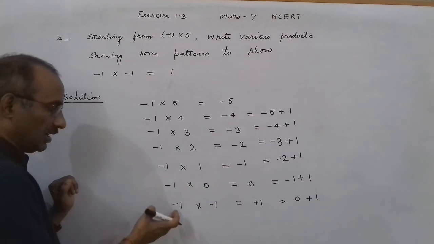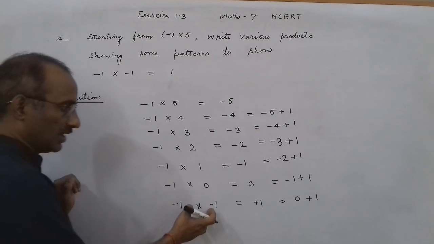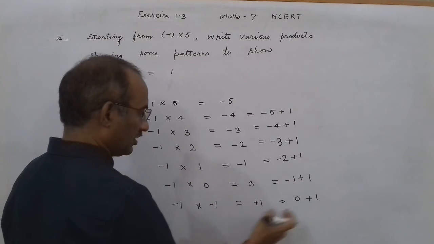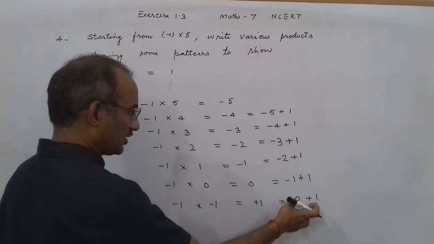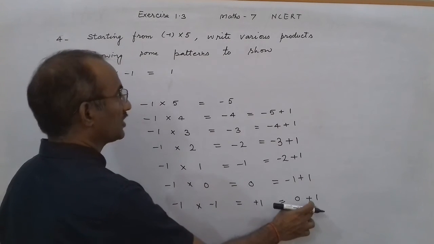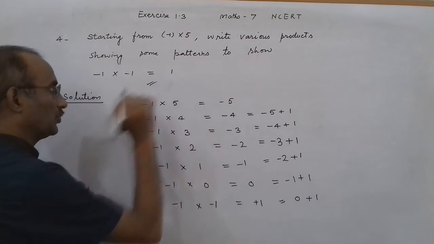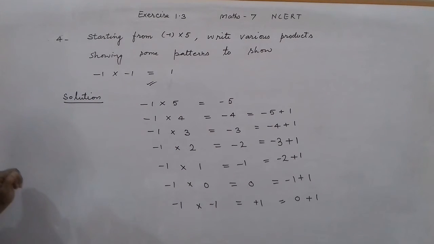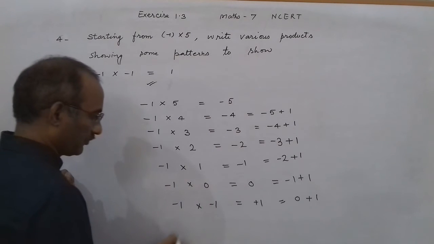It is very clear that product of -1 with -1 is +1. It can be seen from here also that the product of -1 and -1 is +1, and we have to prove the same.